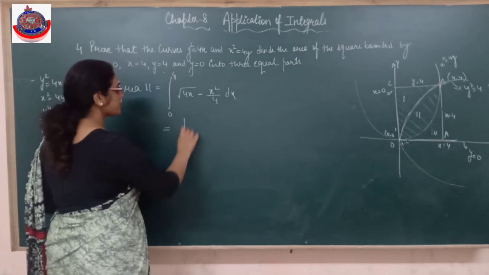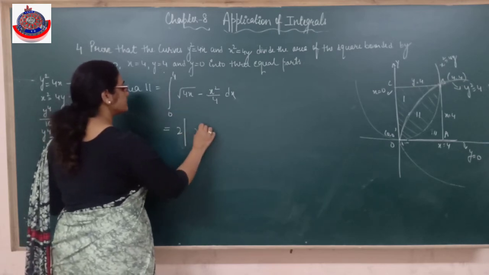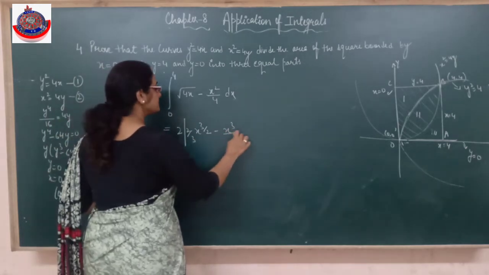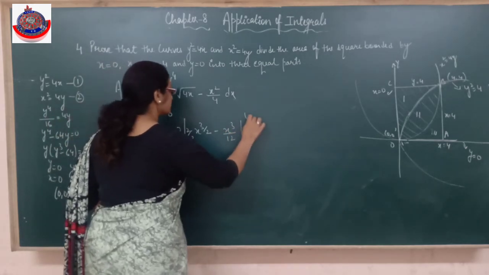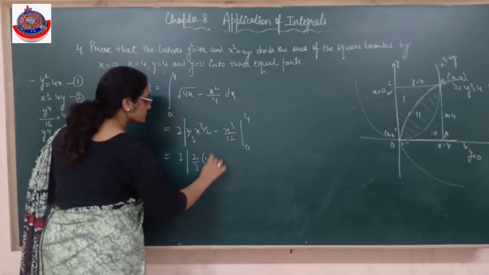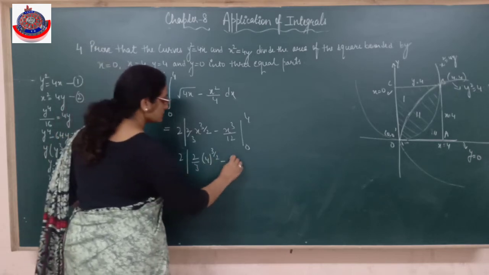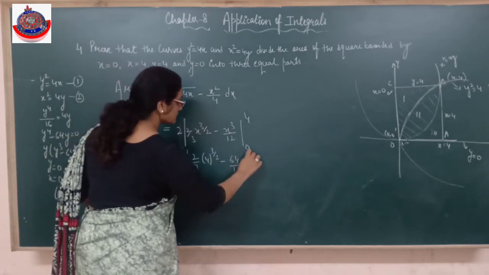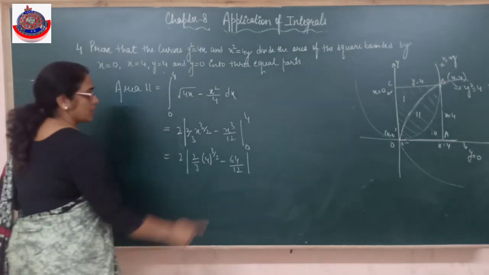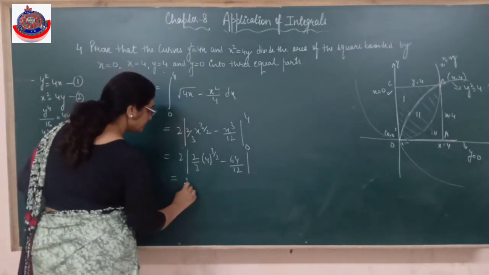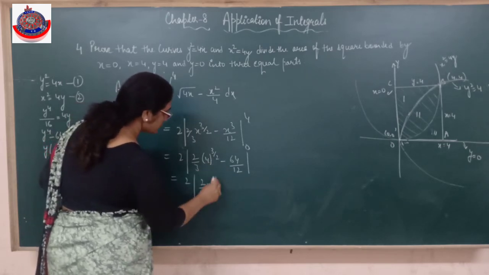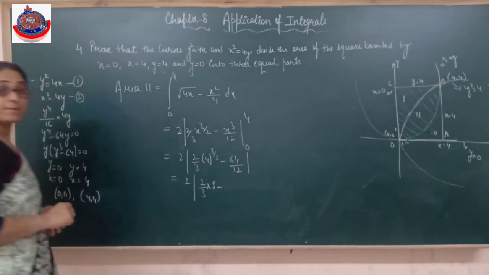Directly we can integrate. This is 2 out. Increase the power by 1. Solve it. If I put upper limit, that is going to be, lower limit, if I put, that's 0. 2, 8. All right.